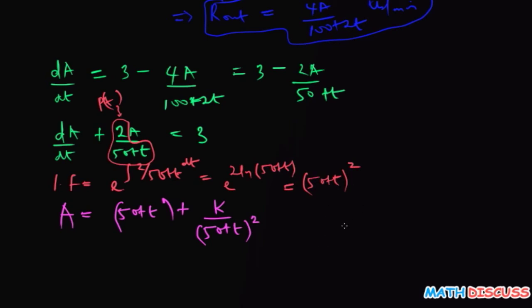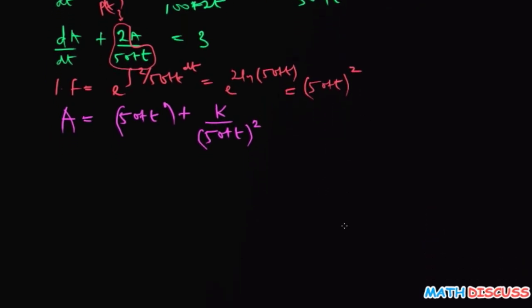This is the initial condition here: when t equals 0, A is 10. So using this, we have 10 equals 50 plus 0, that is 50, plus k divided by 50 squared.